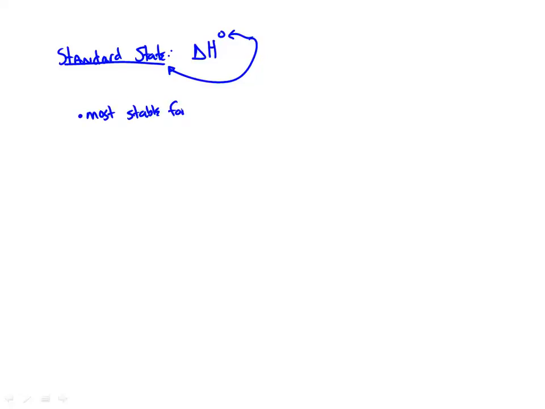If you look at the appendixes that I printed off, or the ones in your book, you'll see a huge list of chemical compounds. For some elements, there's more than one form that they occur in naturally that are related to each other, and so the standard state says use the most stable form of that substance.